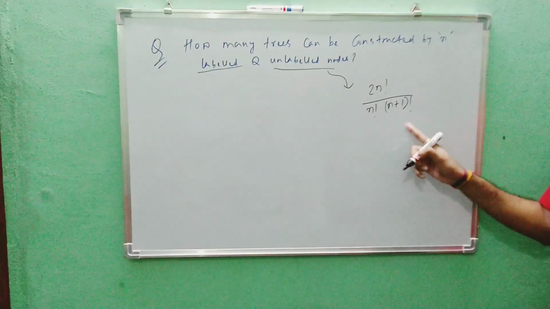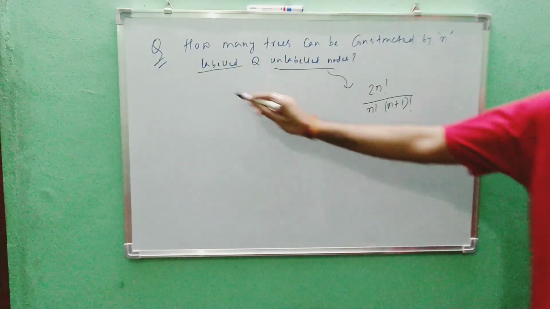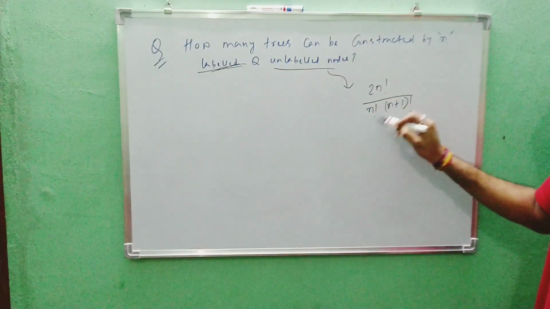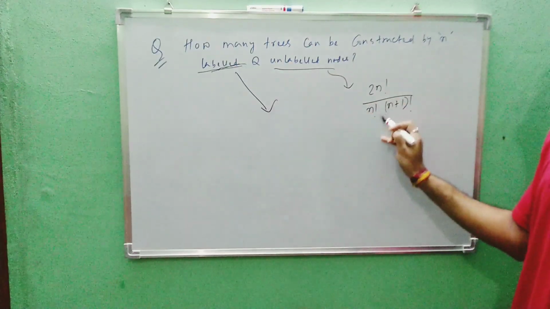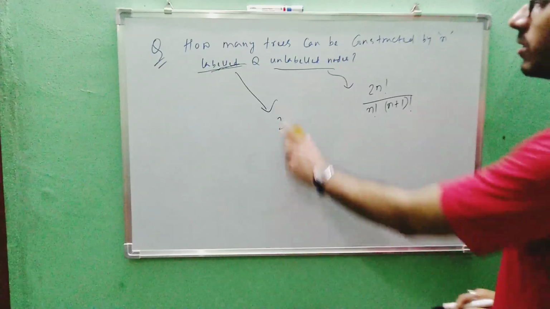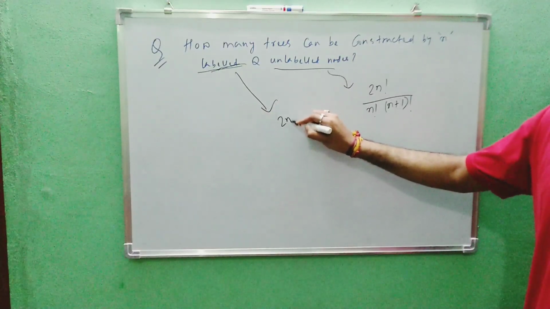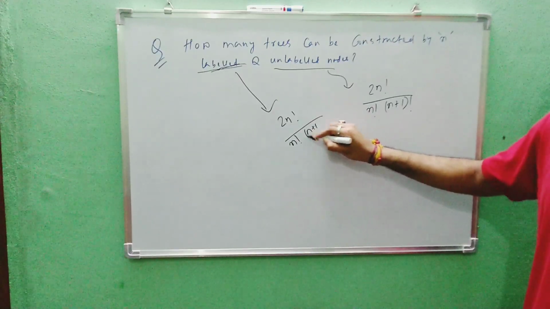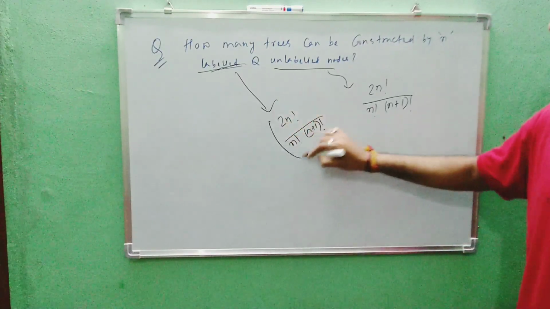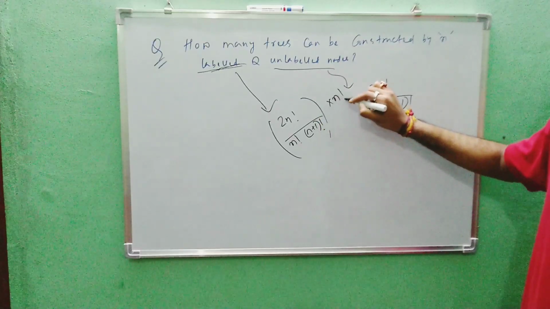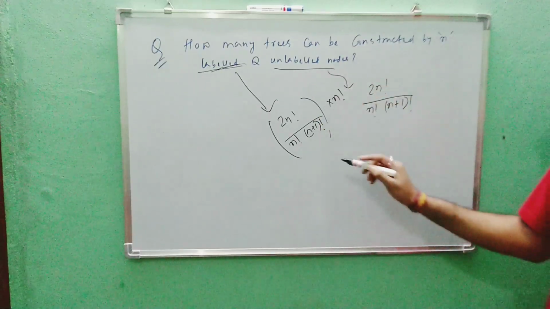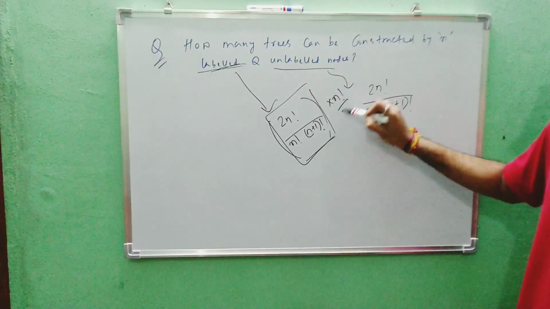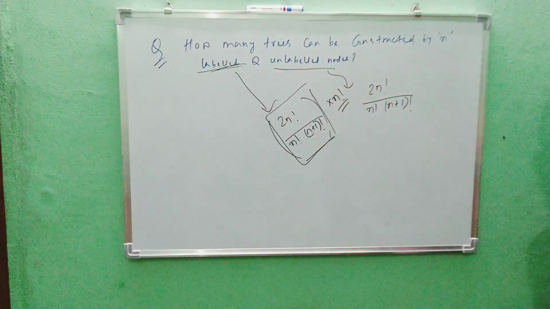This is the formula in case of unlabeled nodes. What will be the formula in case of labeled nodes? Simple. In case of labeled nodes, it will be 2n factorial divided by n factorial, n plus 1 factorial, into n factorial, isn't it? Because whatever is the number of trees possible with unlabeled nodes, that multiplied by n factorial becomes the case for labeled nodes.